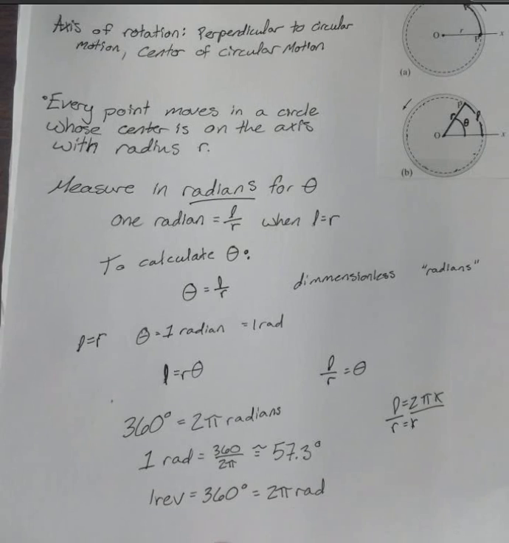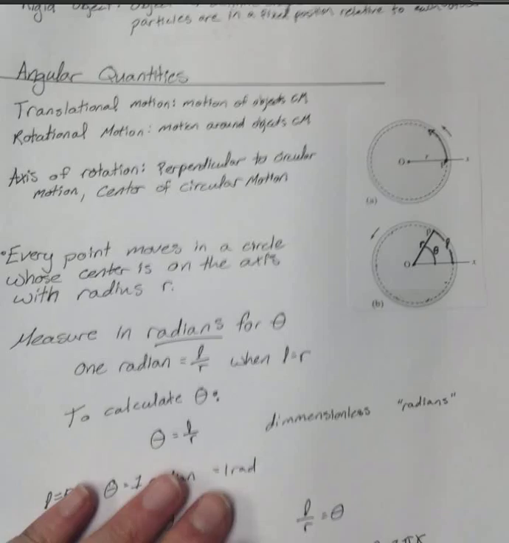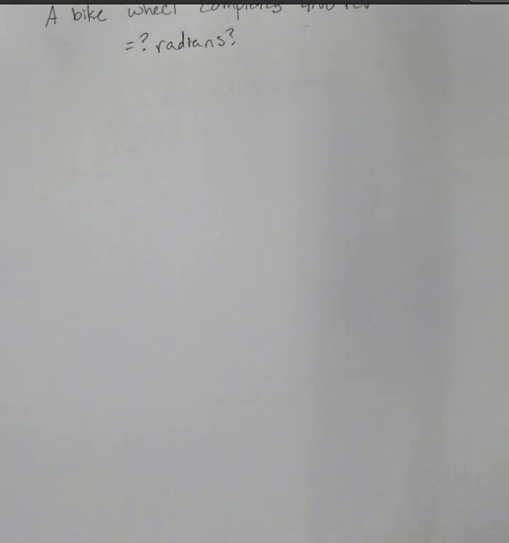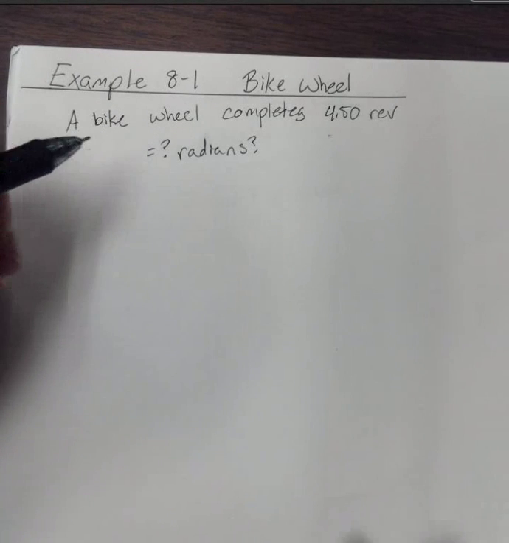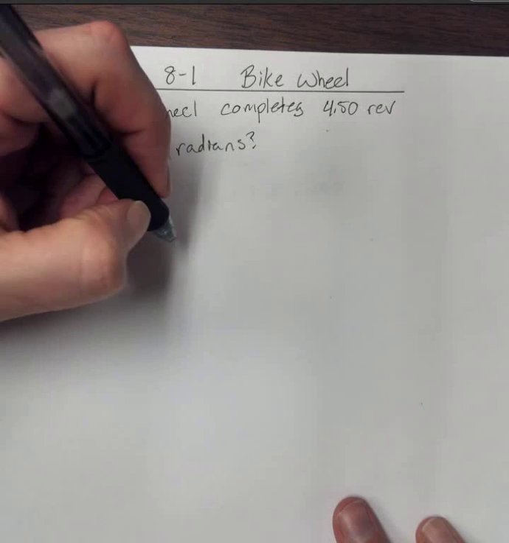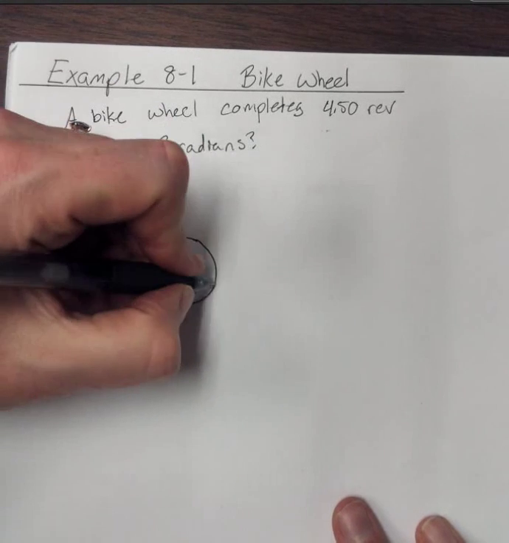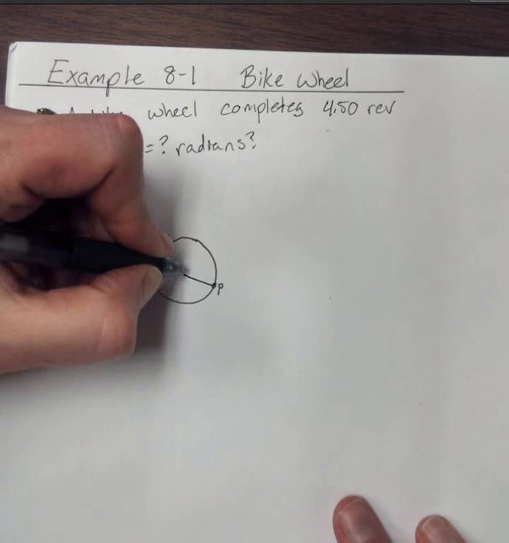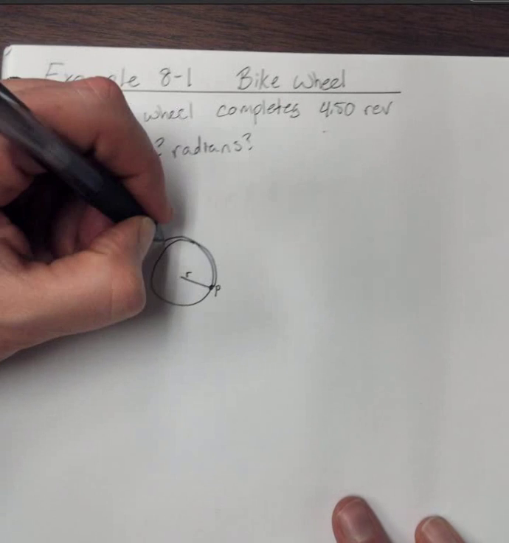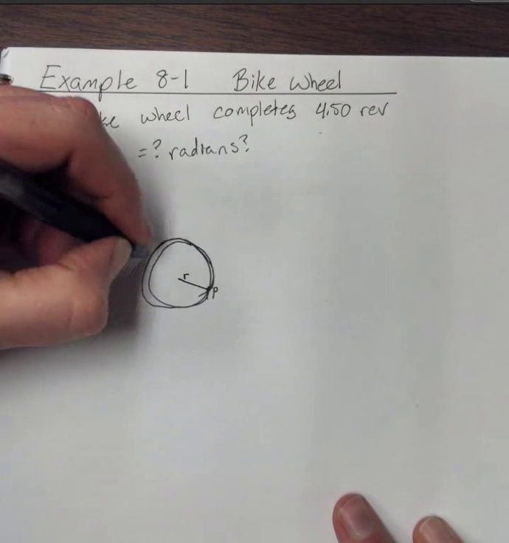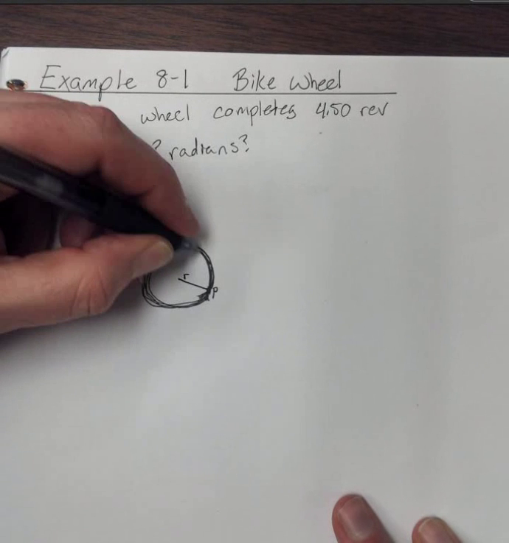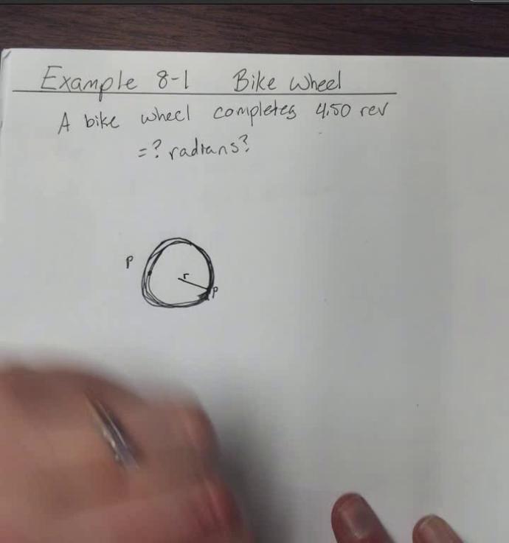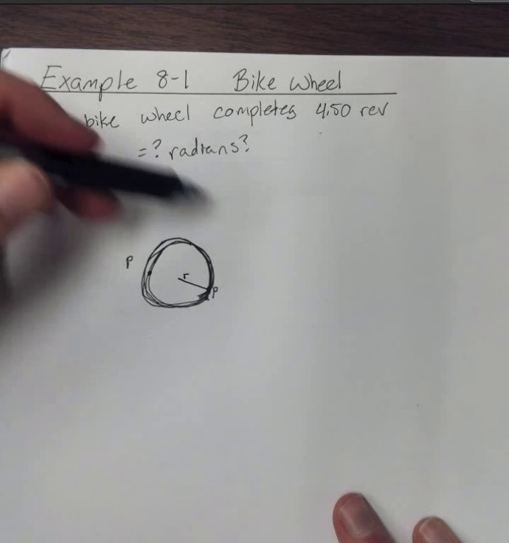So let's take a look at how we can do a little bit of calculation with this value. The first example we're going to look at is a bike wheel. This is just taking a look at how radians work. A bike wheel completes 4.5 revolutions, and we want to know how many radians that is. Well, this bike wheel with point P and radius R did 4.5 revolutions. So it went once, twice, 3 times, 4 times, and then it did another half rotation so that the point P ended up there. So it went around the circle 4.5 times.